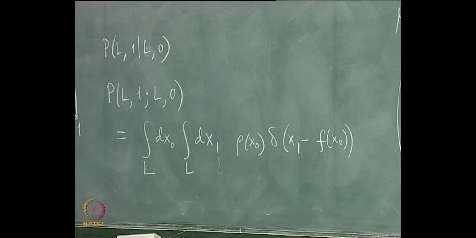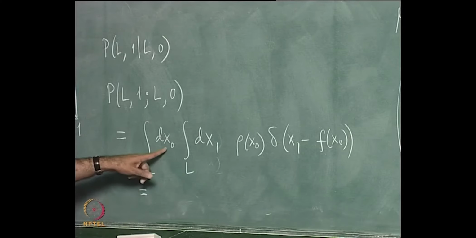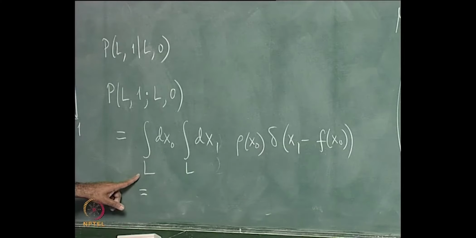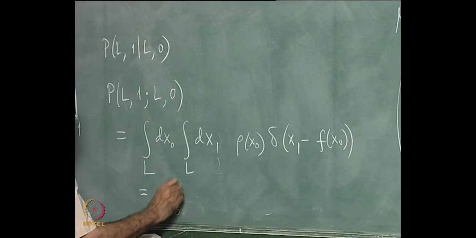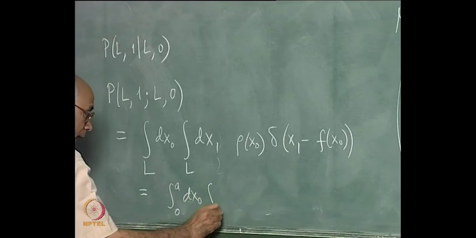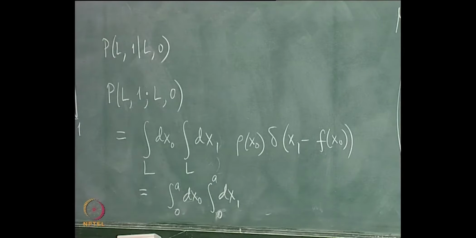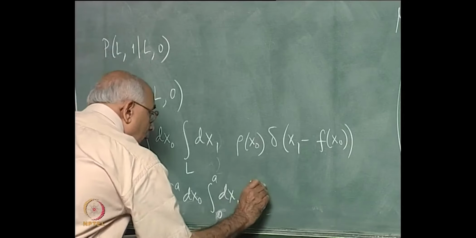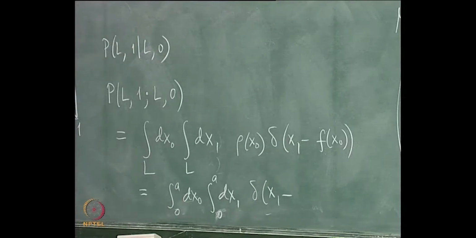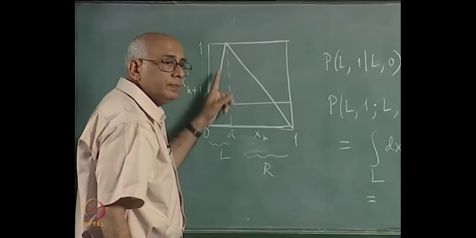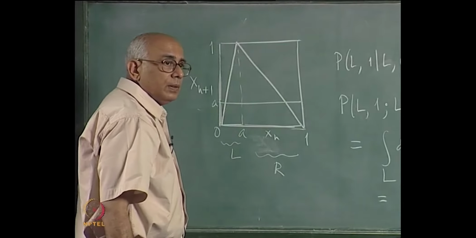But what is that equal to? Well, x naught L, the cell L is just 0 to a, dx naught, and it is just 0 to a once again over dx1 on this side, and rho of x naught for this map is 1. So you do not need to put that in, but you do need to put in delta of x1 minus f of x naught, this function, and this function was what?